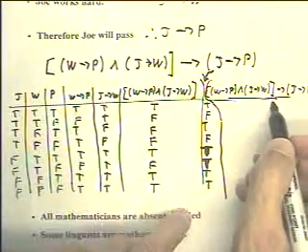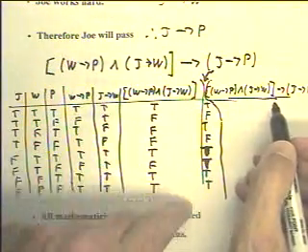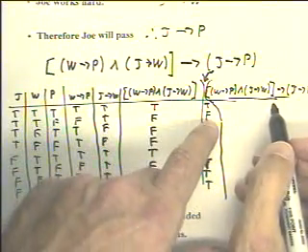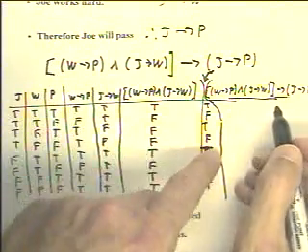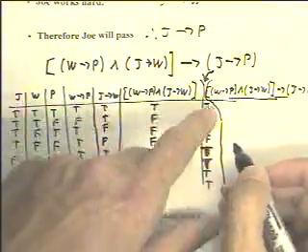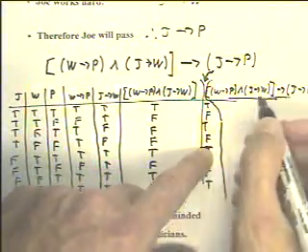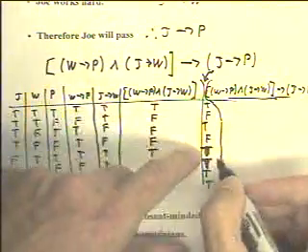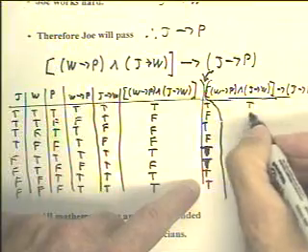Is there a case where that happens? Well, you see that the conclusion is false here, but the premise is false. Conclusion's false, premise is false. Those are the only two times the conclusion is false. In every other case, the conclusion is a true statement, and so there's no way to make this thing false.